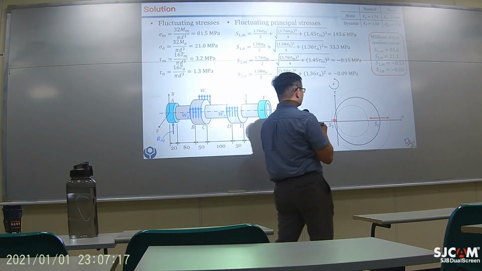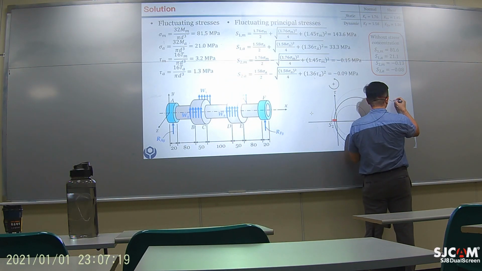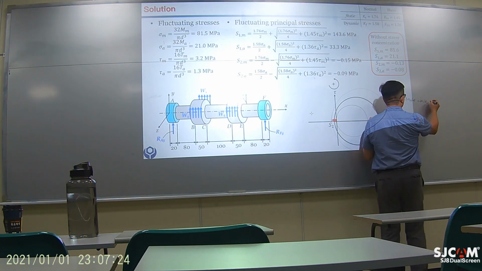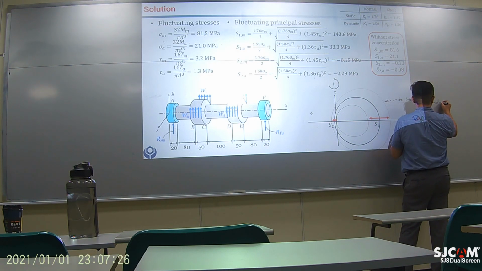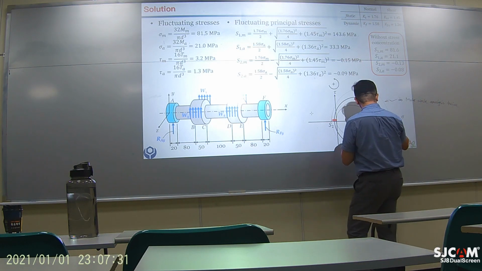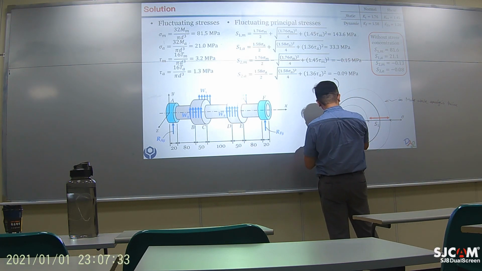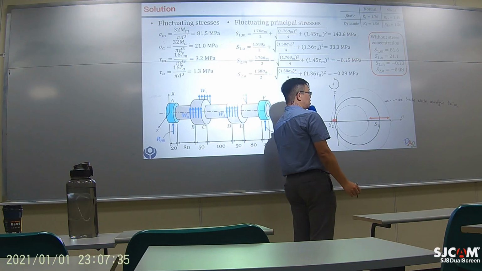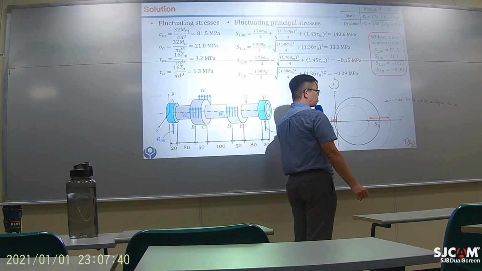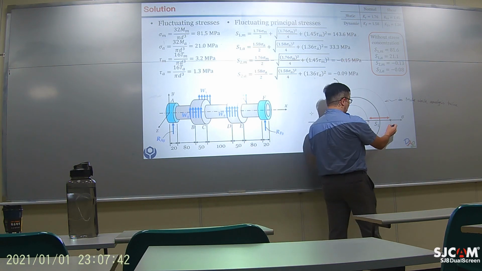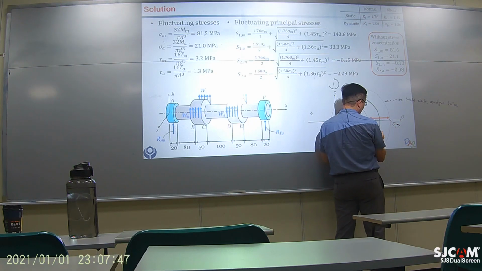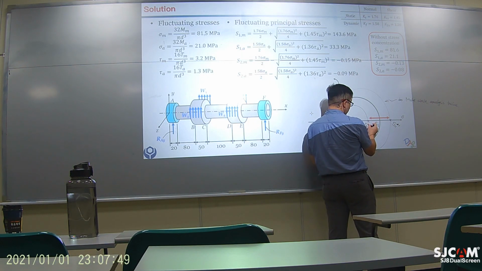You can do Moore circle analysis twice. And then you will be studying the principal stresses in both conditions. So you have S1 condition 1 and S1 condition 2, right?